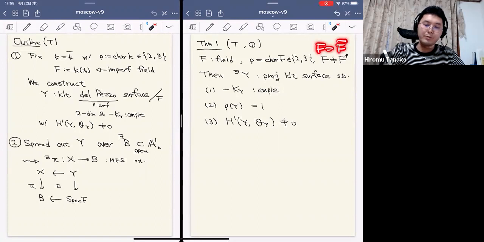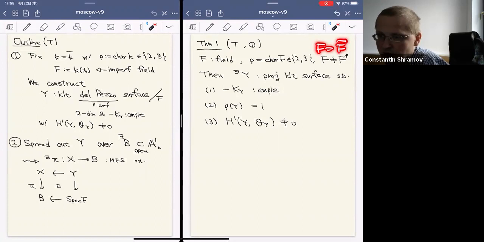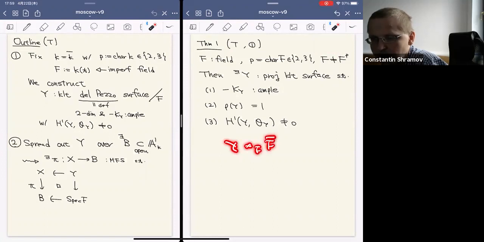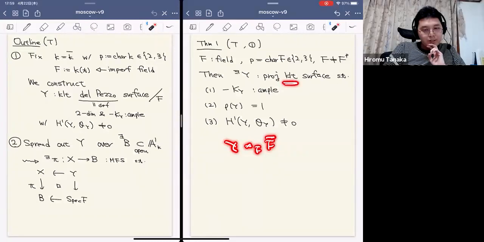Then third, if we consider this surface over the algebraic closure of your field. You mean we will go to the base change? Yeah. Then apparently, something wrong may happen with the Picard rank, but the other two properties will, of course, still be there. Yes, and this will break up.